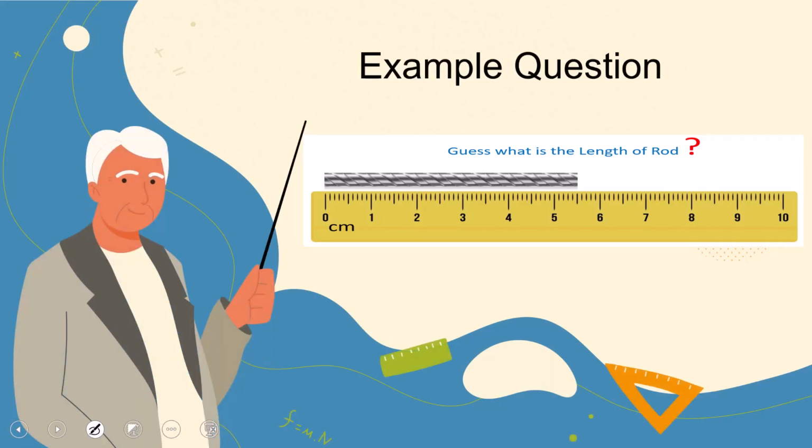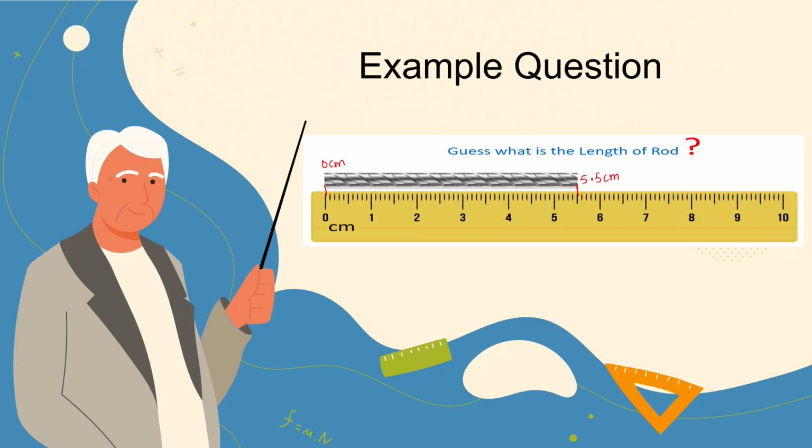Here there is an example question. A scale is shown and you want to measure the length of this rod. So what would be the length of this rod? See here the initial position, which is at 0 centimeter, while the final position is at 5.5 centimeter.